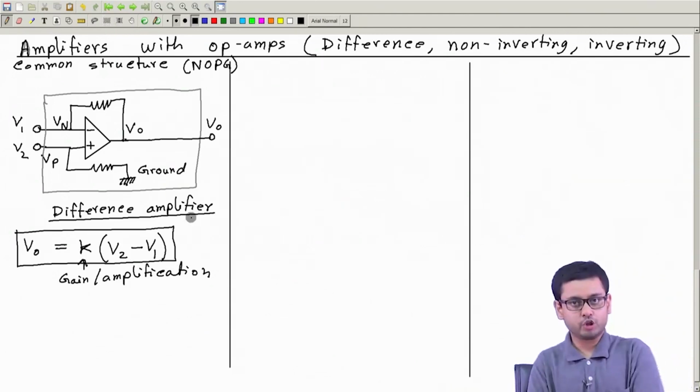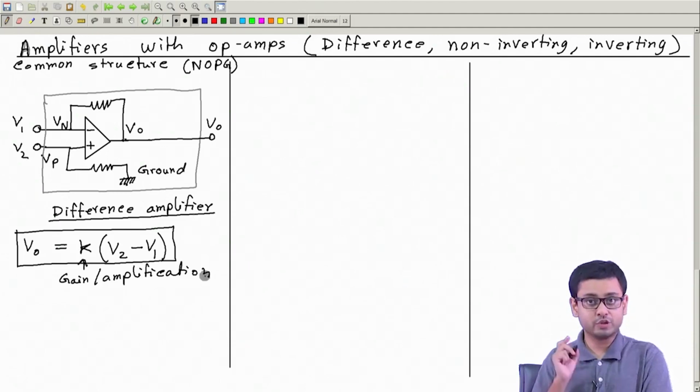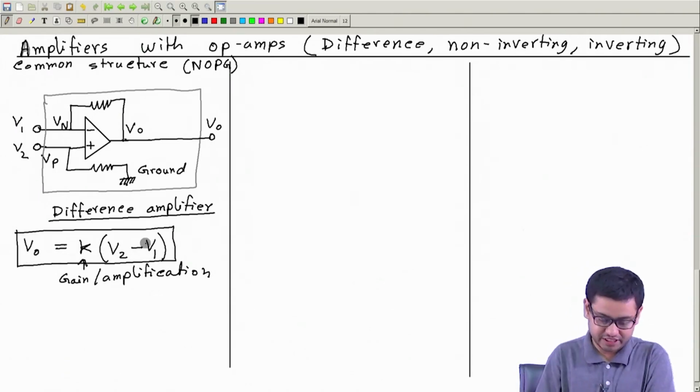I hope so far you have understood. Just two things we have said: how the circuit looks, which for now you just memorize, and what it does, the functional rule, the output-input relationship.